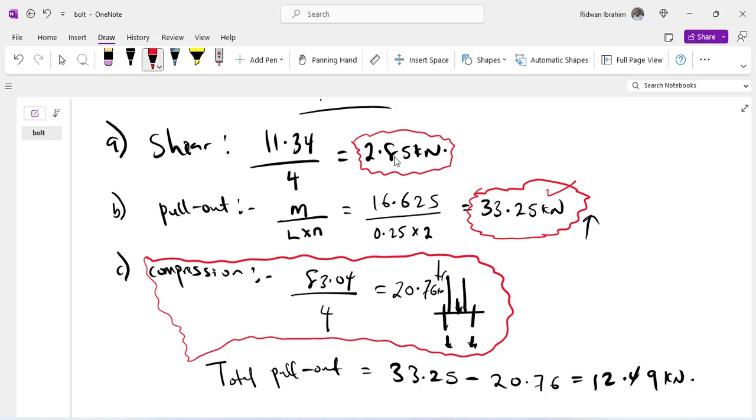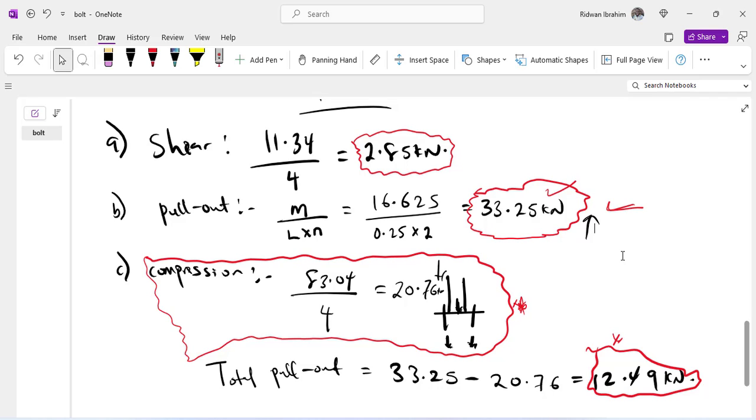Similar to this one, but I said let's go with this one and pretend as if this one will not, because this force here is as a result of including the compression force. So if I ignore the compression force, let me just go with this one, because this one is bigger. So if this passes, then I am more on the safer side. So what we have calculated is actually the forces that are going to cause shear and pull out.